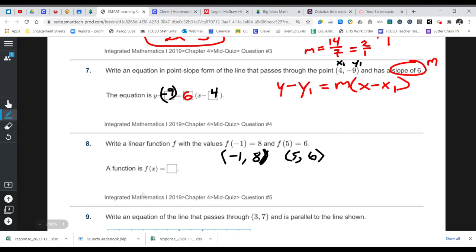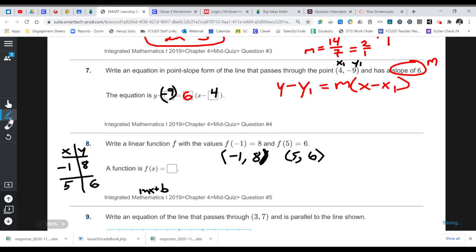But in order to get mx plus b, that's my goal. Mx plus b is right here. I'm writing that as my goal. I first need my slope. So I'm going to go ahead and do slope over here this time. Negative 1, 8, and 5, 6. Great.